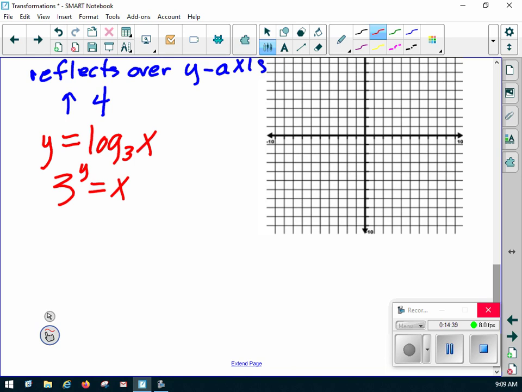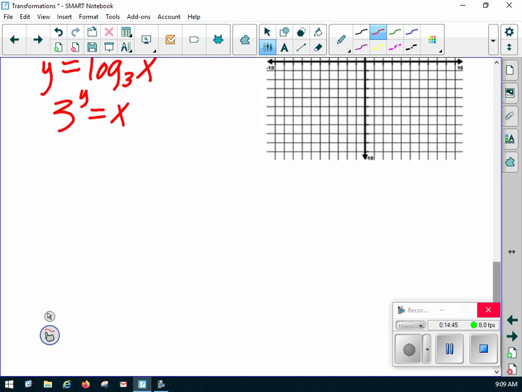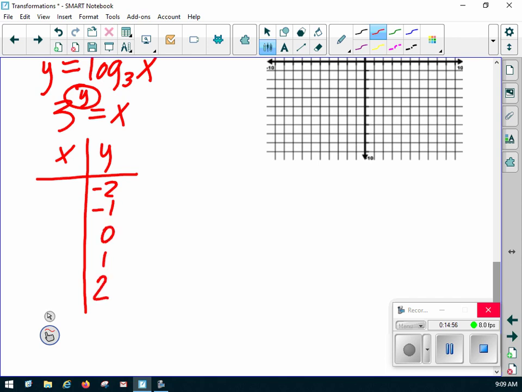These are the same thing. So when we do our table, where are we going to put our -2, -1, 0, 1, 2? In the y, because the y is the exponent. Okay, you got this. 3 squared, 9. 3 to the first. 1/3, 1/9.